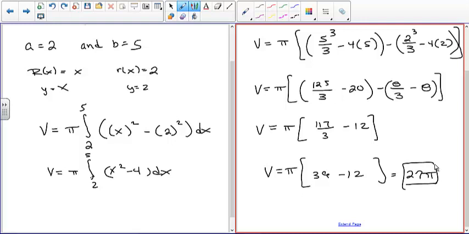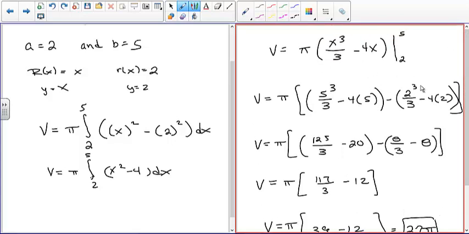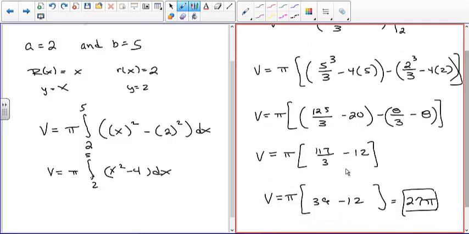Yeah. Anyway, we add 1 to the exponent, divide by the new exponent. So we got x cubed over 3 minus 4x, and then we put in the upper limit, subtract the function at the lower limit, and 125 minus 8 is not 118, but 117, and this is divisible by 3, so we get that, and there's your answer.